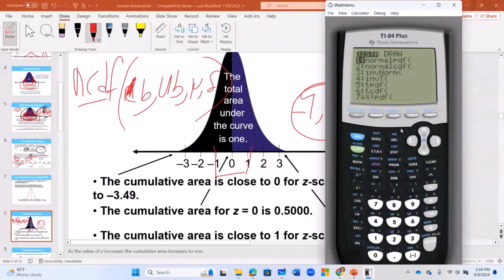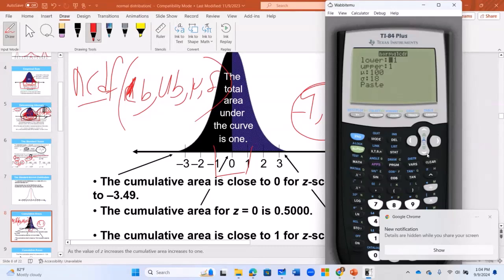And this time we're looking for area between, so I'm taking number 2. So I'm looking for area between one standard deviation to the left, so -1 to +1. So you see lower bound is -1.